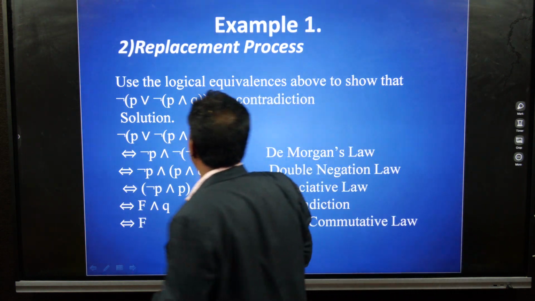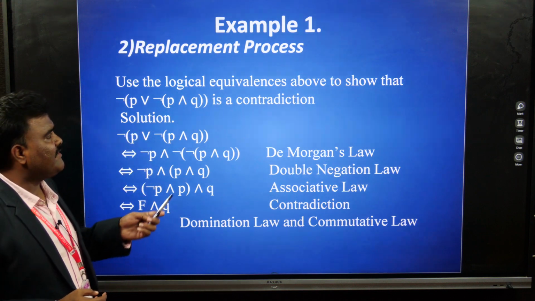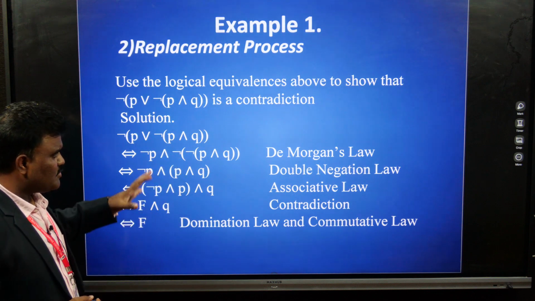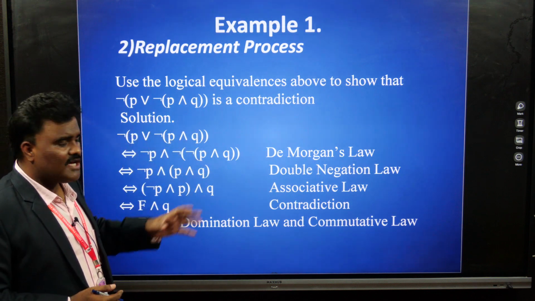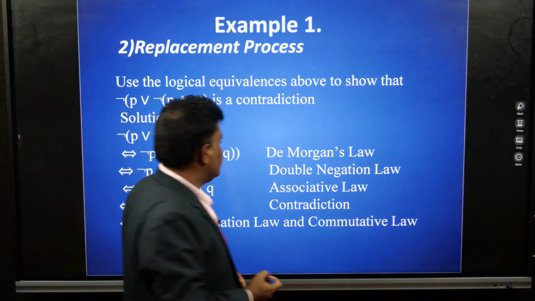Next, the replacement process. Here we use logical equivalences, and in order to solve these problems we have to use some logical laws to replace the existing statements. How will we solve? We will see with one example.